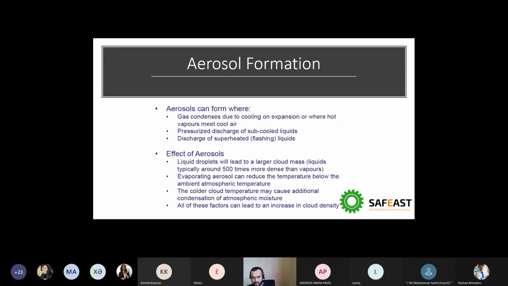These effects, droplets, evaporating aerosol, and colder cloud, eventually lead to a denser cloud, which can behave differently than expected. So this is basically the effect of the aerosol. That's why, for aerosol formation and all these kinds of things, computer software is nowadays preferably used for consequence modeling.